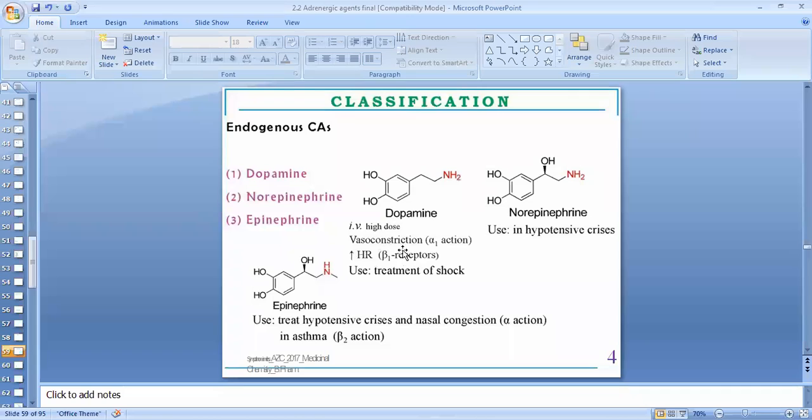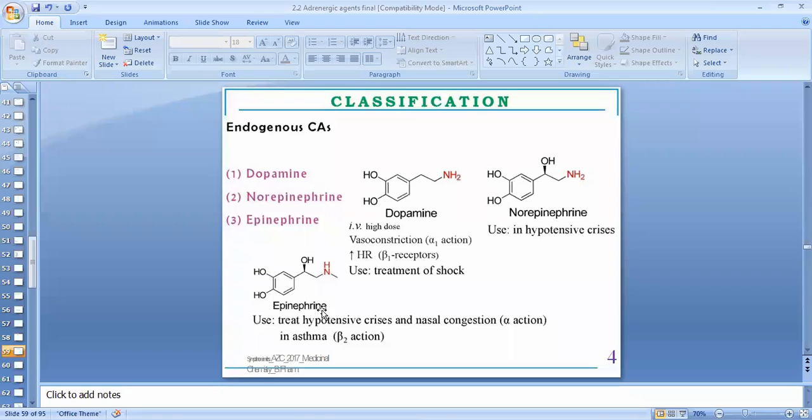So we can treat shock with dopamine. The next one is norepinephrine, which is used in the treatment of hypotensive crisis, meaning reduced blood pressure. This situation we can treat with norepinephrine.